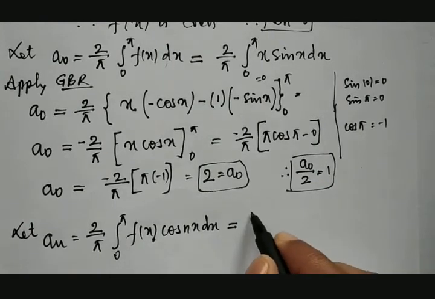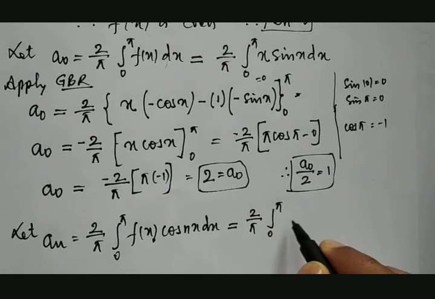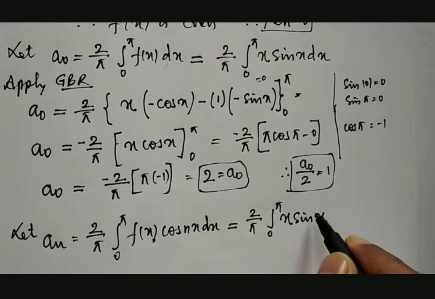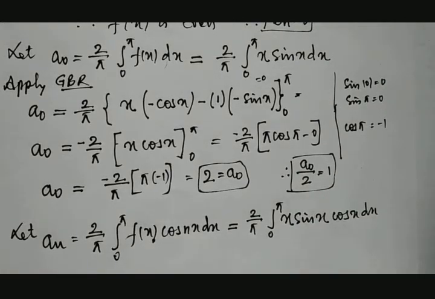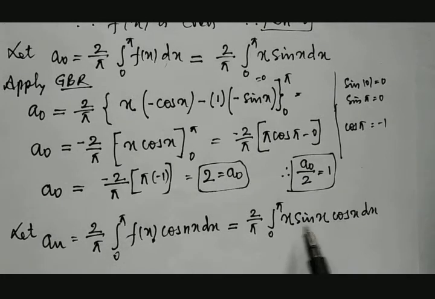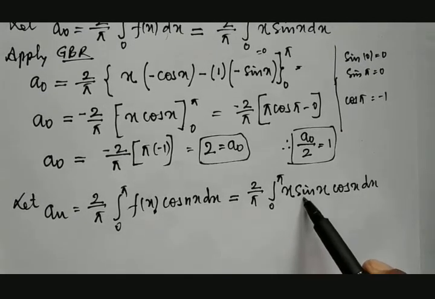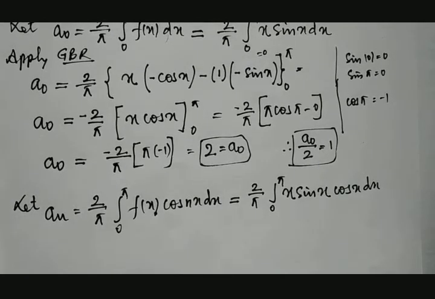That is nothing but 2 divided by pi, integration between 0 to pi, f of x is x into sin x into cos x dx. But here we can see it is a product of 3 functions, one algebraic and 2 trigonometric functions. For that, we need to resolve this part with the help of trigonometric formulas.